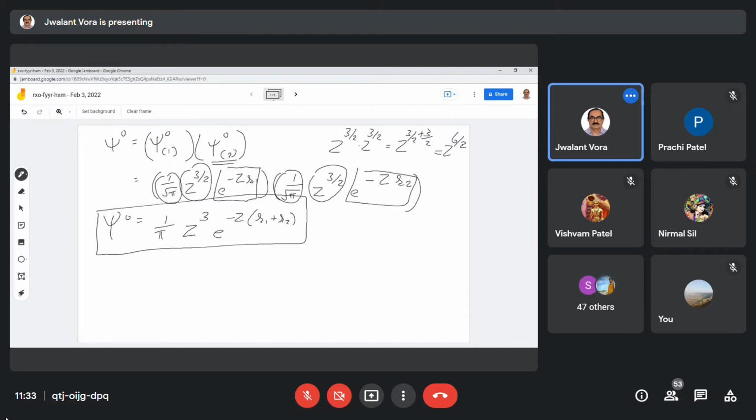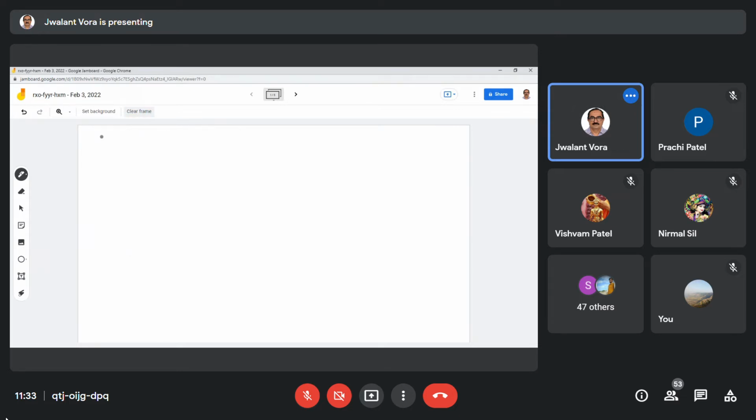Now, for the zeroth order, unperturbed one, similarly let us calculate the eigenvalue. E0 unperturbed is equal to E0 for the 1s orbital electron 1 plus E0 for the 1s orbital electron 2.